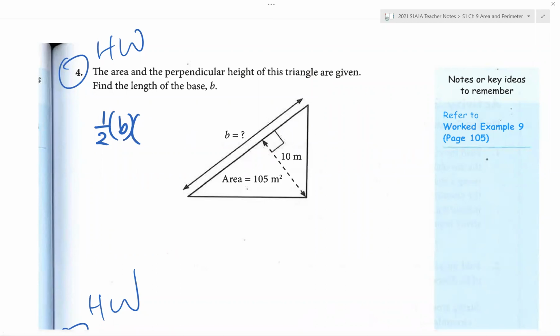Height, right? You mentioned height. 10. Okay. So half times base times height. What is this supposed to be equal to? 105. Okay, good. Carry on, try.